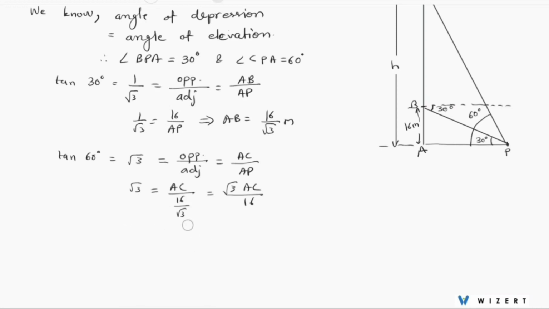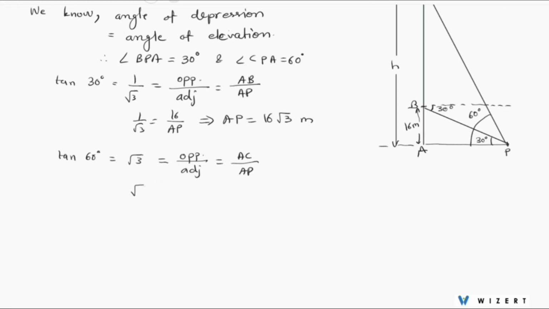Let me remove this. AP is going to be equal to 16 root 3 meters, not 16 by root 3.